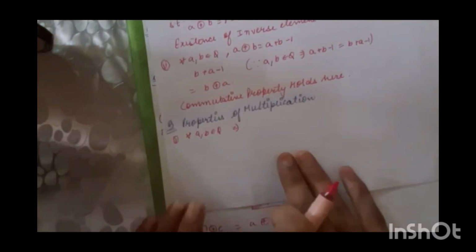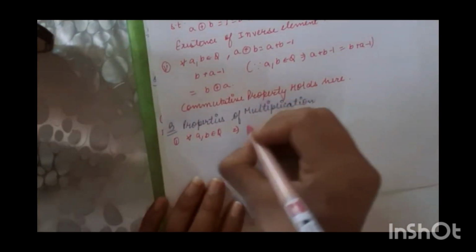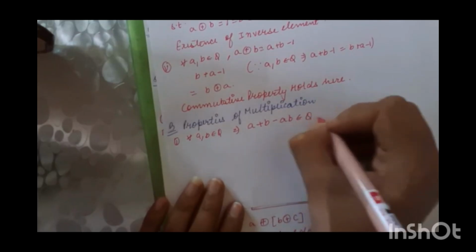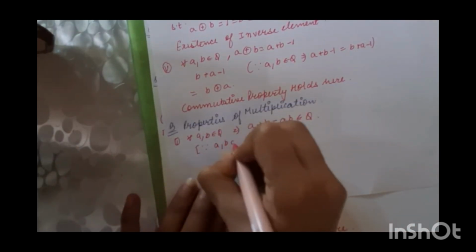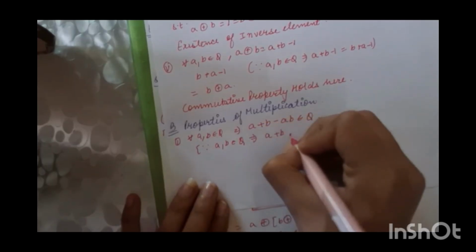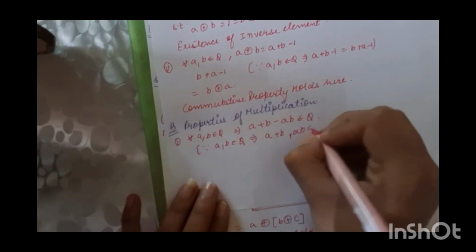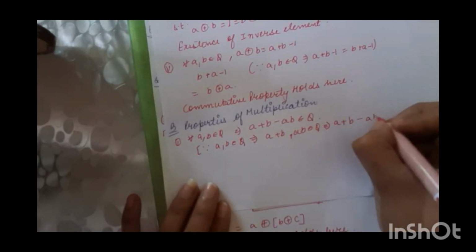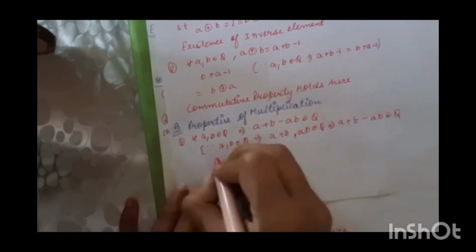So now for properties of multiplication, we can say that A plus B minus AB belongs to the rationals. How can we say that? Because these two elements belong to rationals, that means their addition and their multiplication belong to Q. That is, A plus B minus AB belongs to rationals.